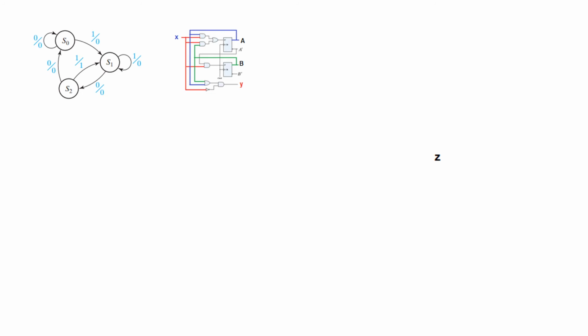And when we incorporate the flip-flops, then we'll change the name from S0, S1, etc. We'll now put the flip-flop states. So it could be 0, 0 for A and B, or it could be 0, 1 for S1, and it could be 1, 0 for S2, the third state.